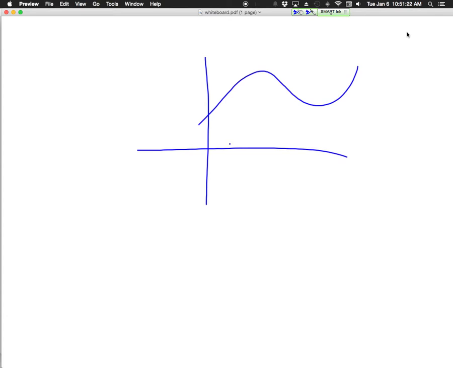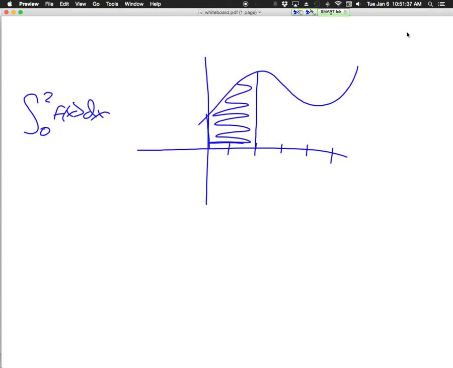Alright, so let's say I have 1, 2, 3, 4, 5. Okay, so let's say the integral from 0 to 2 of f of x dx. The integral from 0 to 2 would be that area right there, correct? Okay, and then let's say I have the integral from 2 to 5 of f of x dx.